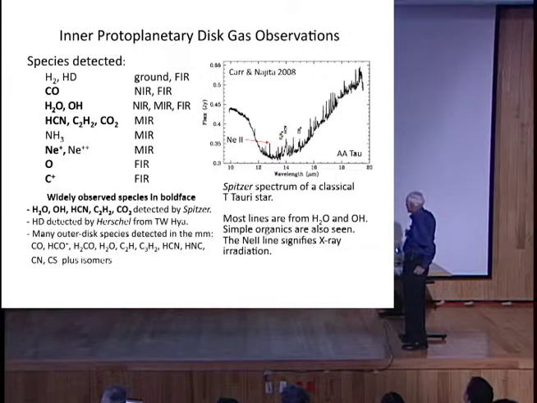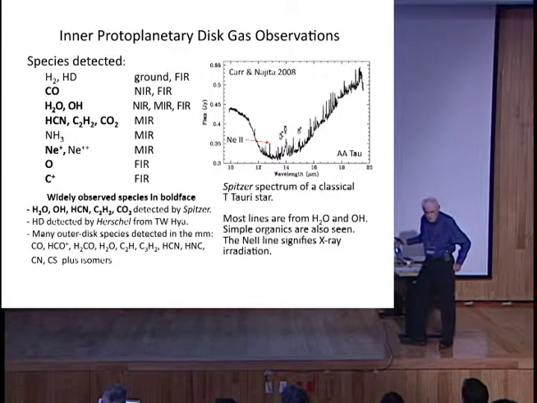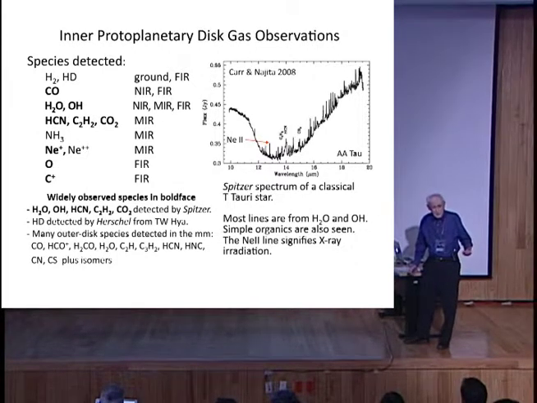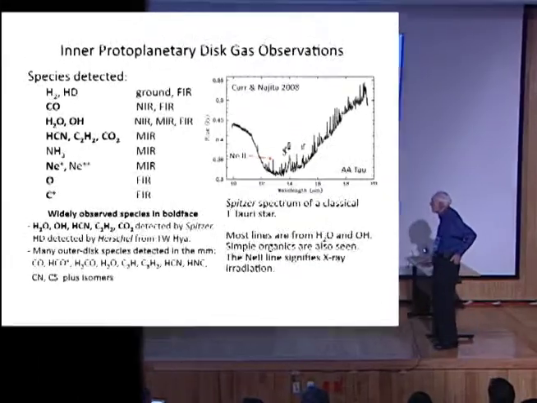And there are lots and lots of lines here, and most of them come from the OH radical or from water. There's some organics that are present, quite a few, and then there's this neon 2 line, which I have been particularly interested in because it's the signature of X-ray radiation from the star onto the disk.